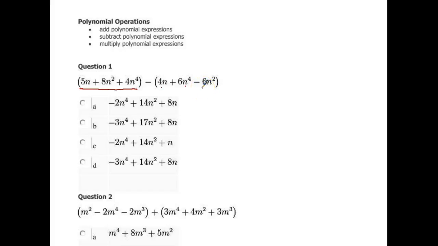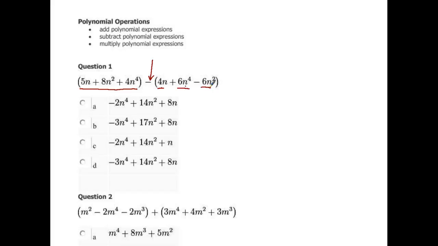So, here's the main trick. If you are subtracting polynomials, you make sure that the minus sign applies to each of the following terms.